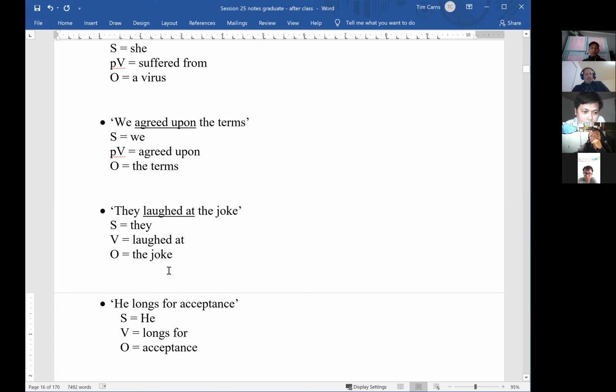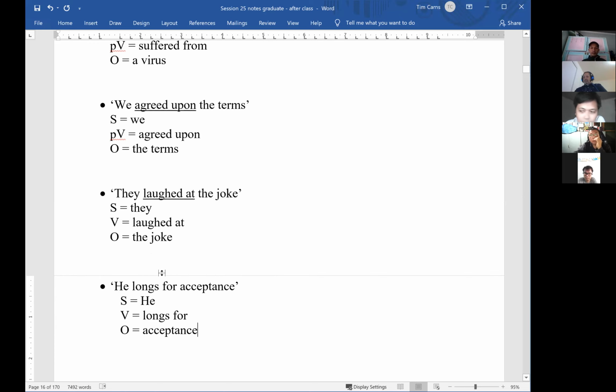Okay. Tim? Yeah, I'm thinking of it more now in terms of English grammar. When the structure is SVO, one of the ways I would identify that a verb is a prepositional verb is by really asking the question. I wouldn't ask, for example, what did he long? I would ask, what did he long for? What did they laugh at? I would not ask, what did they laugh?